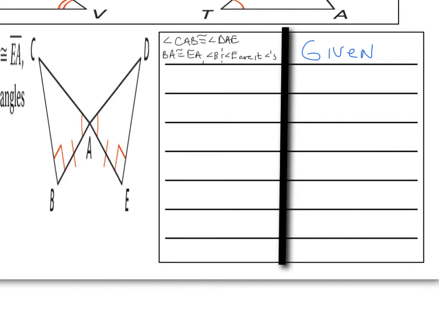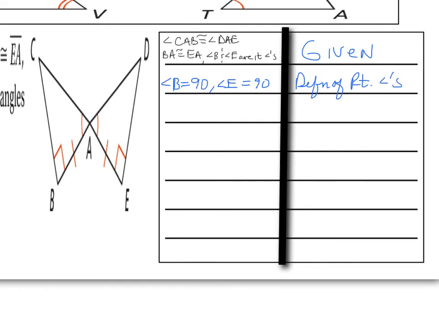As you look at the given, it says angles B and E are right angles. If they're right angles, then we know that angle B is equal to 90 and angle E is also equal to 90. We can say this by the definition of right angles.